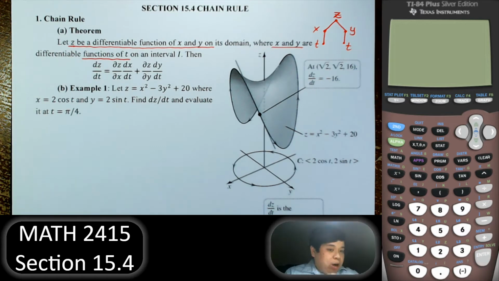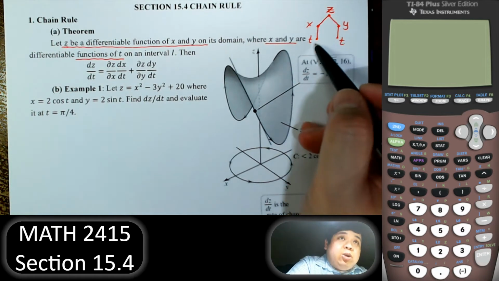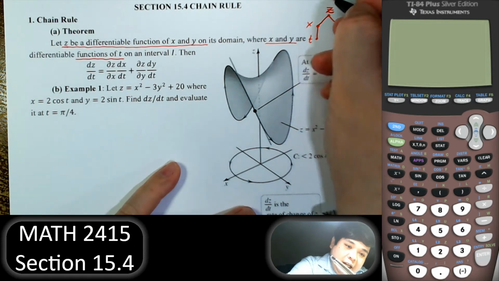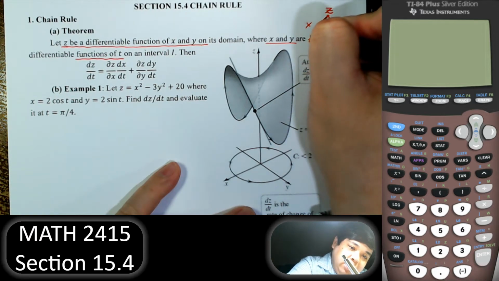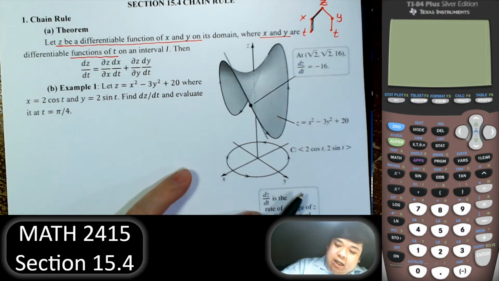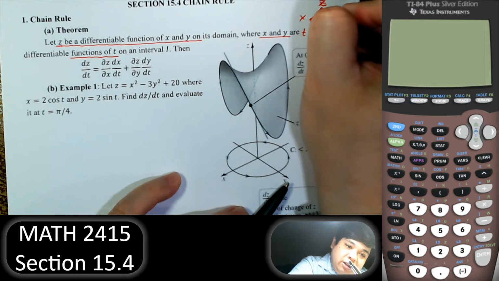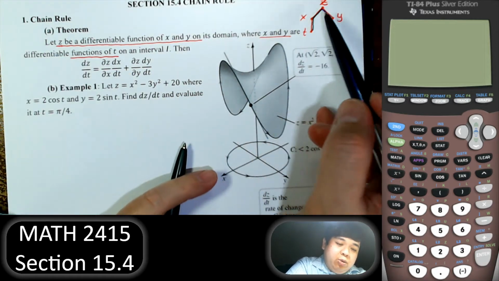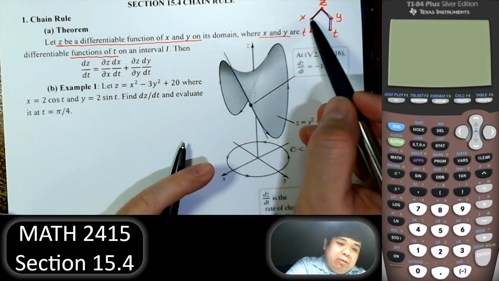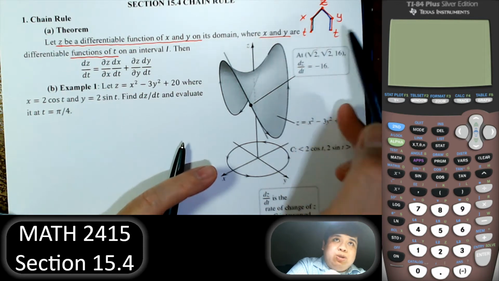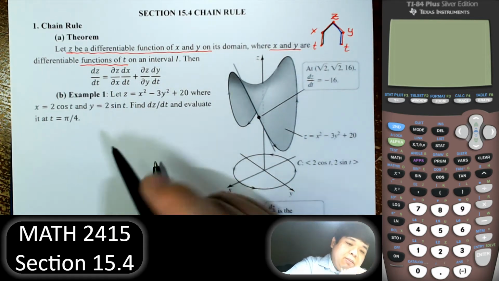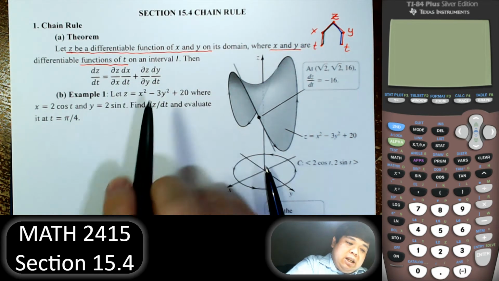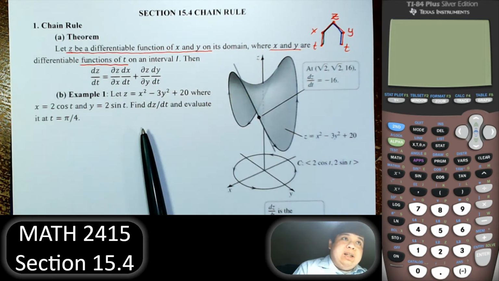And now if we want to find the derivative of z with respect to t, we're going to go this route from z to t, and then we go this route from z to t. So to go from z to all of the t's, we go z to x, from x to t, and from z to y, from y to t. So that's why we have here z to x, then x to t, z to y, and then from y to t, right?